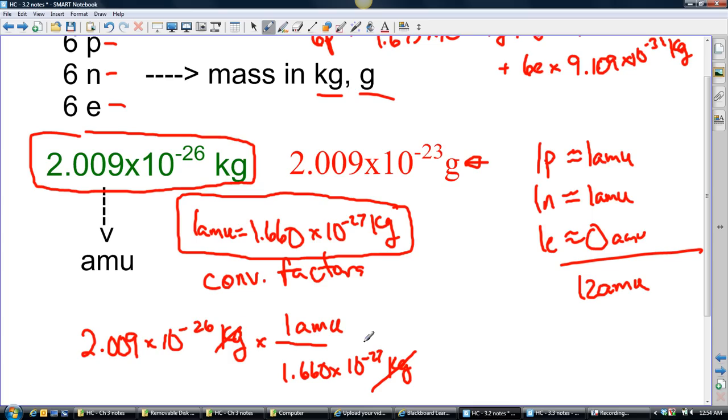Kilograms cancel, and we get an answer. So get your calculator out, actually do this calculation, punch in scientific notation, and I'm going to pause here for a second to give you a chance to work that out, and we'll talk about rounding and all that stuff.